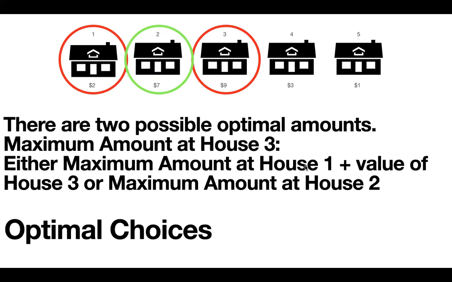If we rob house 3, you cannot have robbed house 2, which means it's whatever amount we've robbed up to house 1 added to the amount at house 3. Or without robbing house 3, it's the amount that we've gotten up to house 2. So we can find the optimal amount by taking whichever is greater between those two choices: either the maximum amount at house 1 plus the value of house 3, or the maximum amount at house 2.